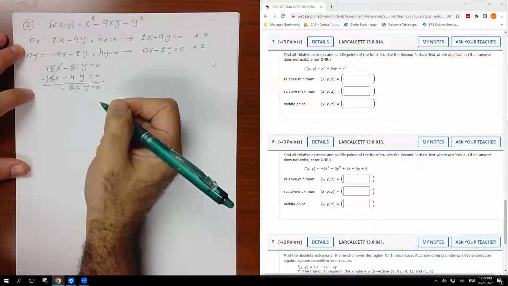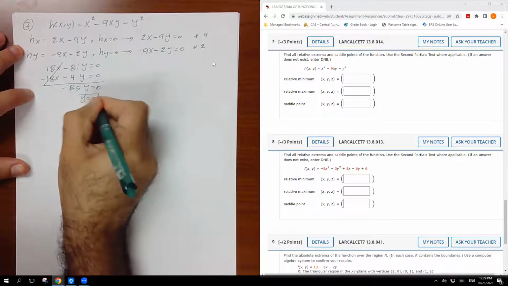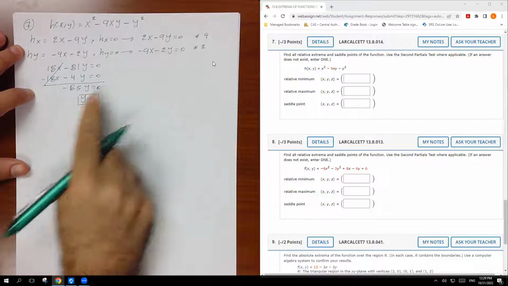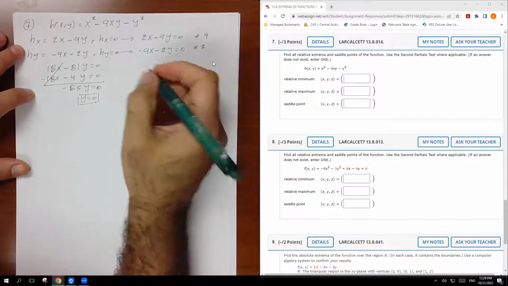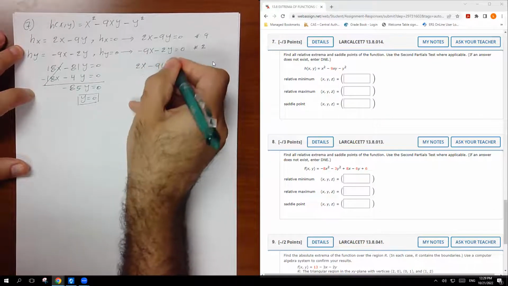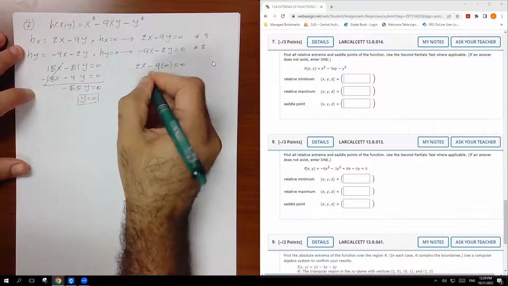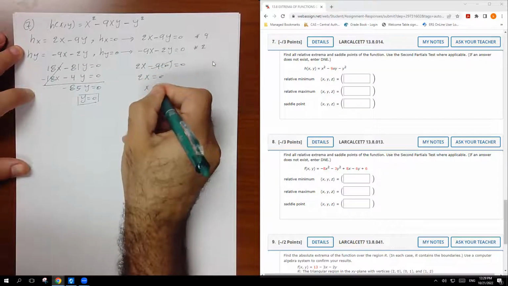That means in this case, y is going to be equal to 0. Let's plug y into one of these equations. We're going to get also x equals 0. So 2x minus 9 times 0 equals 0. That means 2x equals 0, so x equals 0.